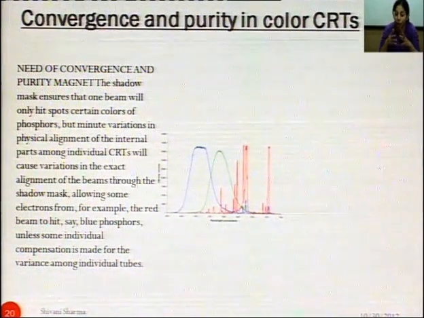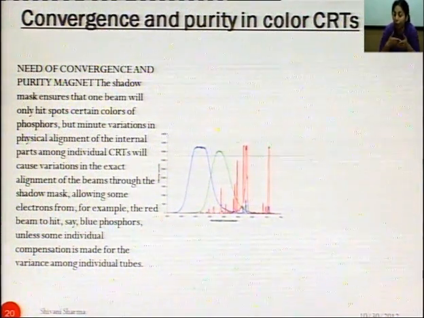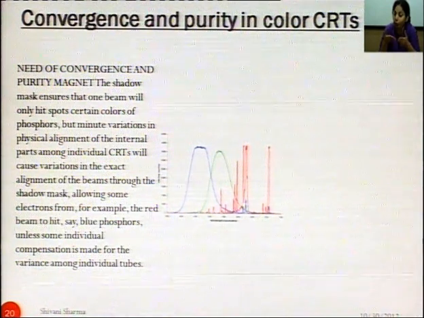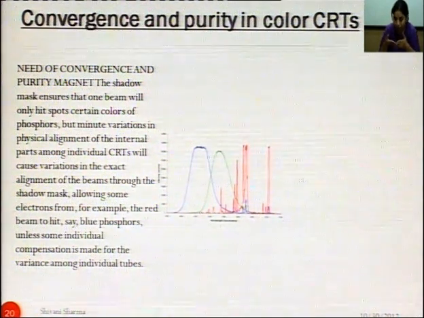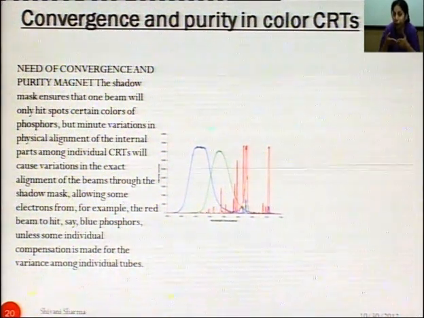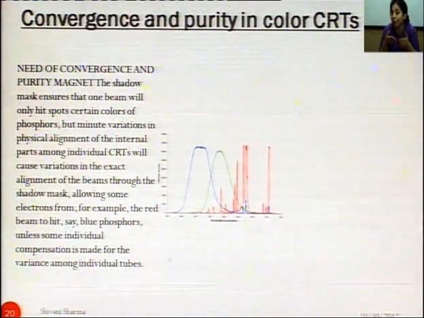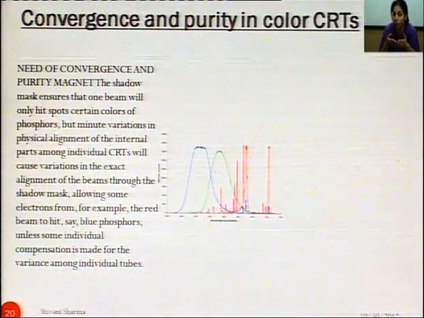We need that only the red electron beam strikes the red dot on the screen. For this we use the convergence magnet and purity magnet.